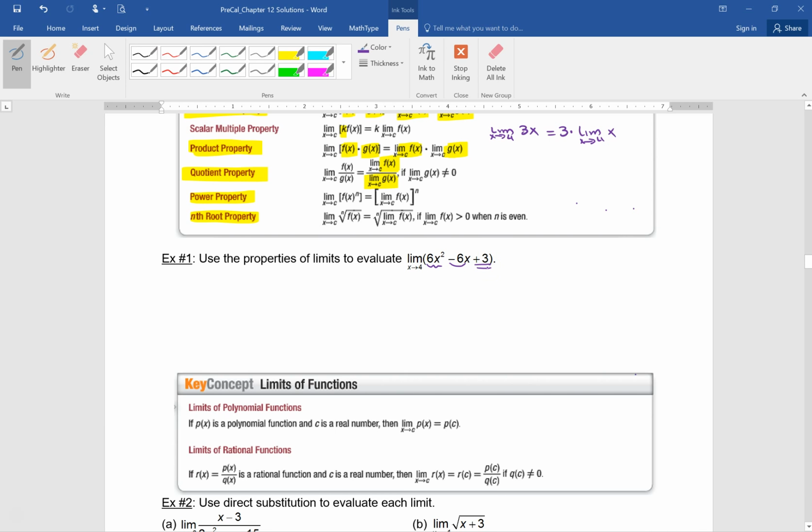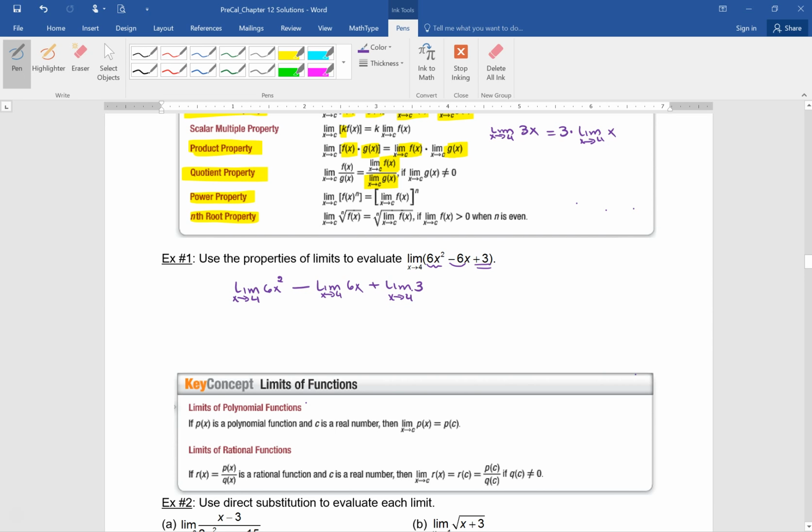So first, I find the limit as x approaches 4 of 6x squared minus the limit as x approaches 4 of 6x. Why minus? Because there is a minus in front of the 6x. Plus the limit as x approaches 4 of 3.